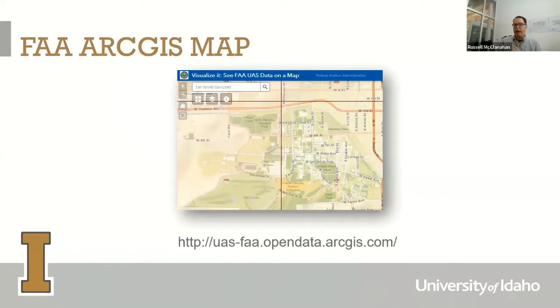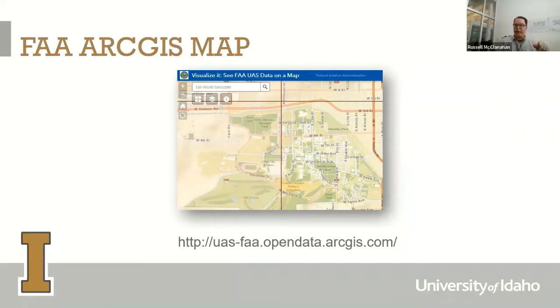Now, the ArcGIS site is what I use to look up where you're flying when I'm reviewing applications before it goes on to the committee. Is it controlled airspace? This is another good resource. This map actually shows the University of Idaho, the Moscow campus.